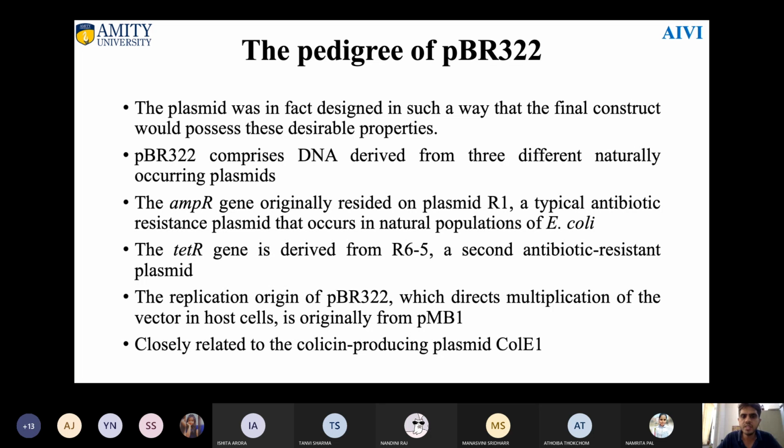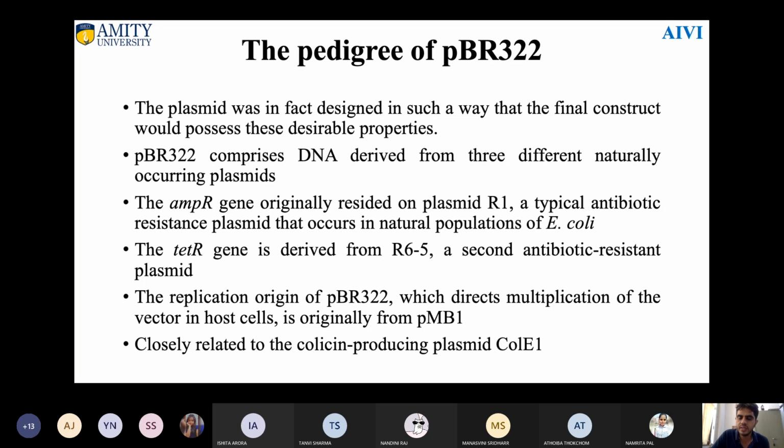Okay, so the ampicillin resistance gene originally resided in plasmid R1. Here you need to differentiate between whether it is a designed vector or a naturally occurring plasmid. Naturally occurring plasmids are named on the basis of the strain which harbors them. So here the plasmid R1 is named for the strain of your cell, like an E. coli R1 strain harboring this plasmid.